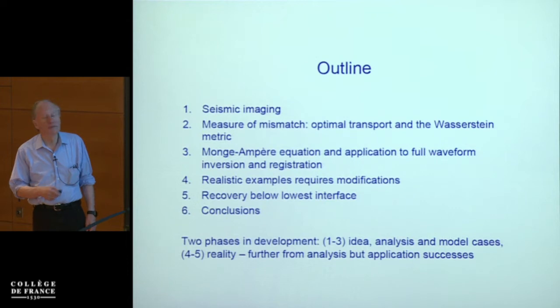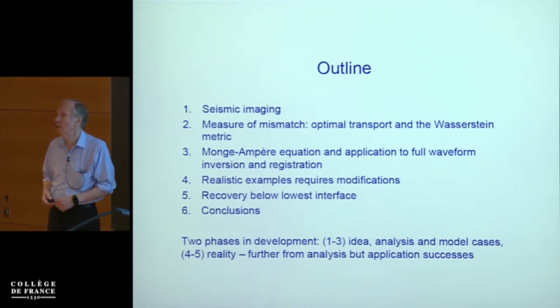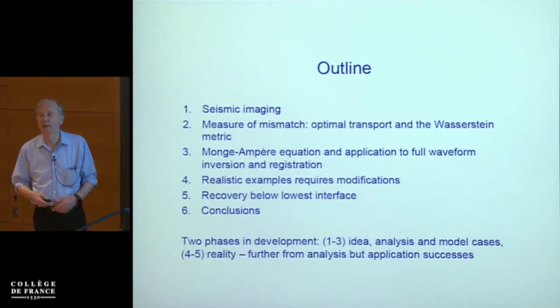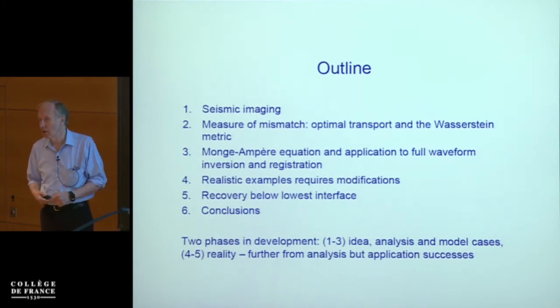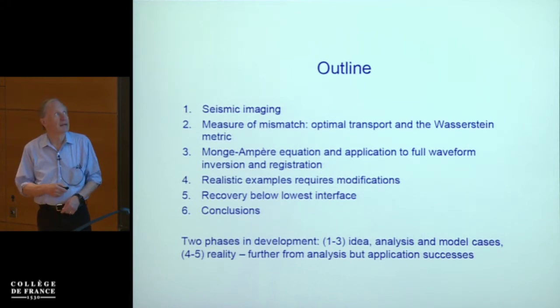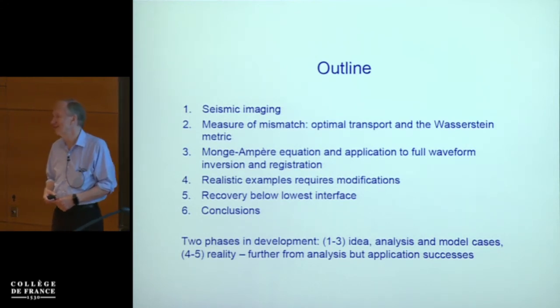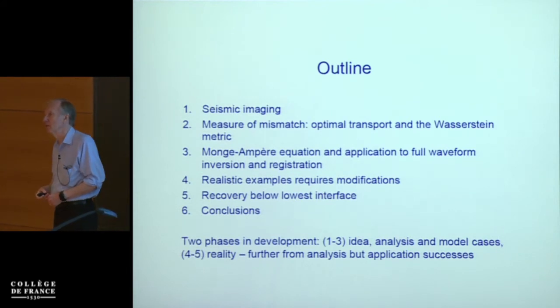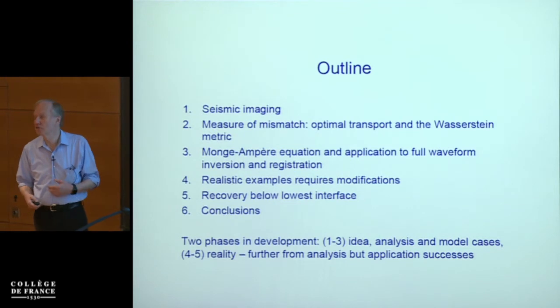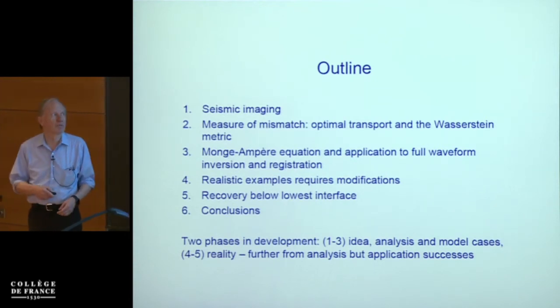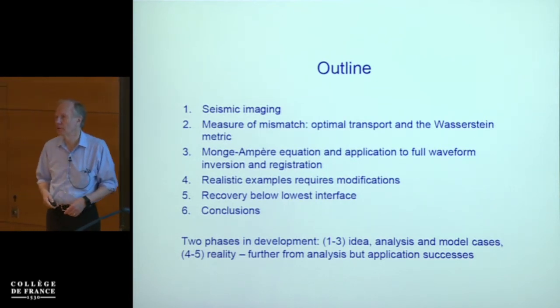So in the development here, there were more or less two phases. When we had problems of simple nature, you can be quite close to the properties of optimal transport. And then when we went to look at more realistic cases, to have an implementation that industry would be interested in, then difficulties arise and one has to do more compromises. So the first part looks much cleaner. The second part, you will see, the difficulties enter.